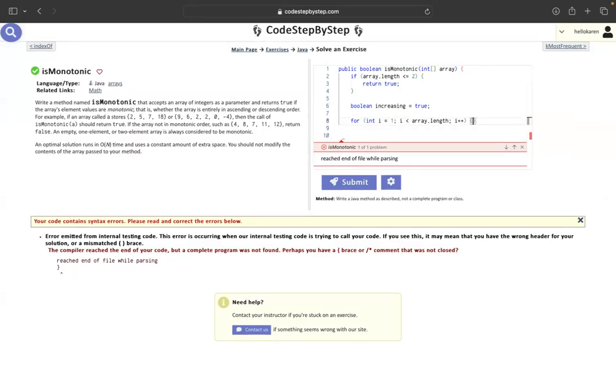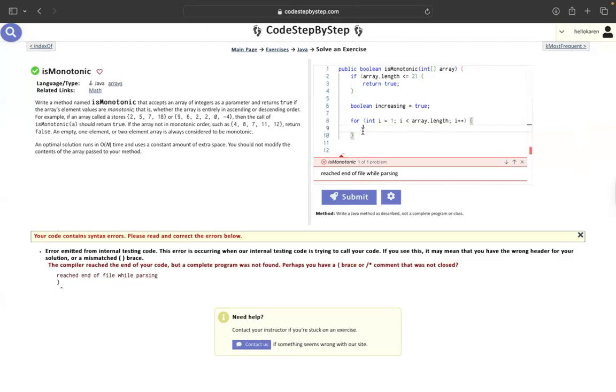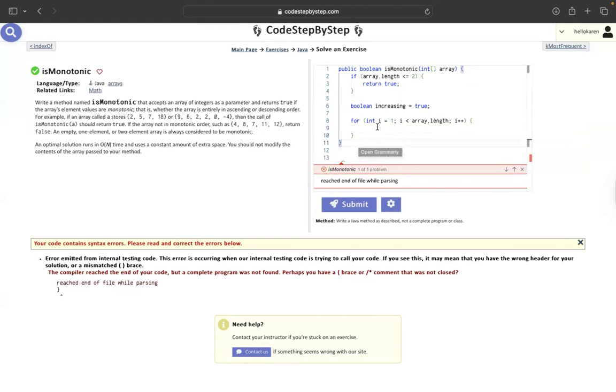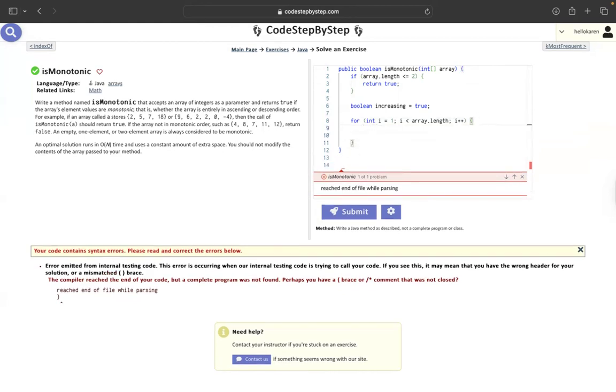Wait, the print is messed up. I think I need one more. Okay, awesome.